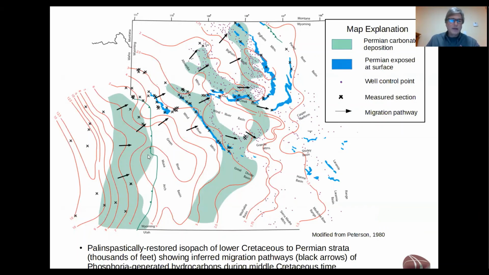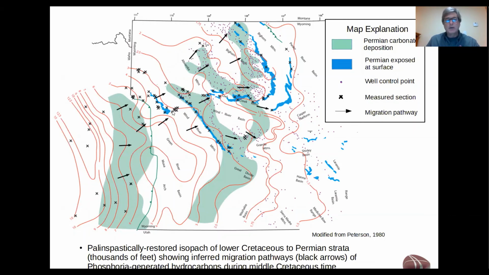And then finally, he's showing here the inferred migration pathways for Phosphoria oil as it was expelled out of the foreland thrust belt, particularly in southeastern Wyoming, where the Mead Peak is both thick and thermally mature, and then through secondary migration, mainly through the Tensleep, with the overlying Triassic Dinwoody serving as a regional seal.